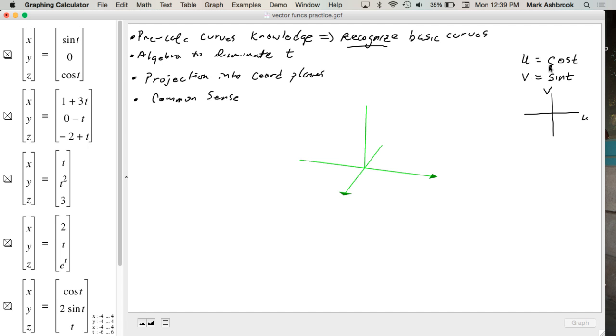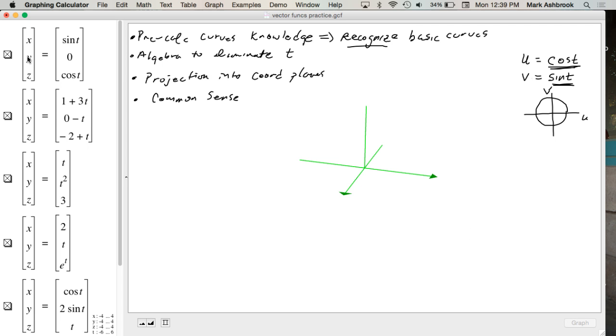That's the definition. The definition of cosine is the x-coordinate, or the horizontal position on a circle, and by definition, sine is the y-coordinate, or a vertical position on a circle. So whenever you see cosine and sine paired between two variables, you're talking about a circle. And then if you add some constants, if you scale one of those, then you get an ellipse, right?